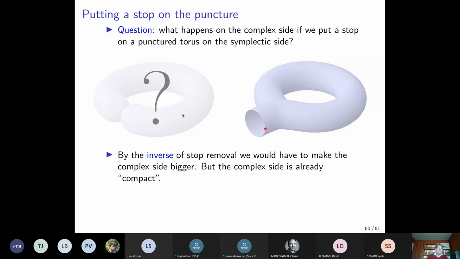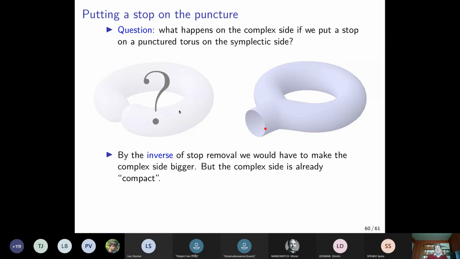But now we are adding a puncture. This means we have to add something on the complex side. But it turns out you cannot really do this because, well, this space is, in mathematical terms, compact. This means you cannot easily, in a nice way, add points to it without kind of destroying it.